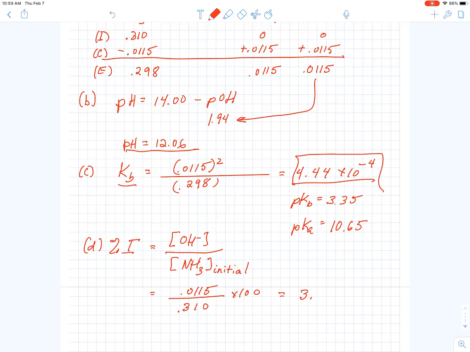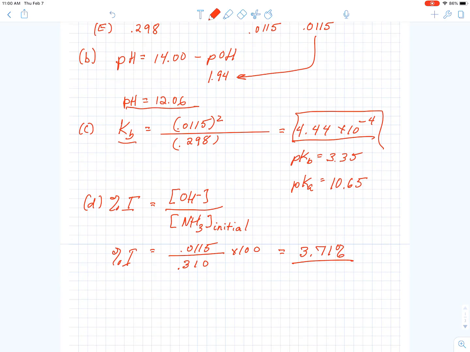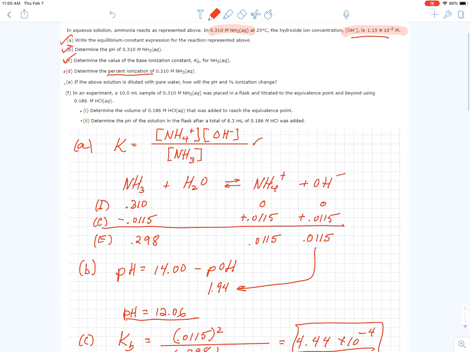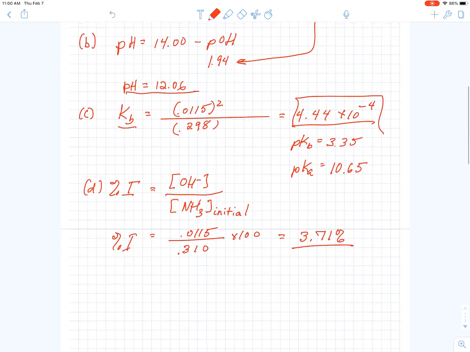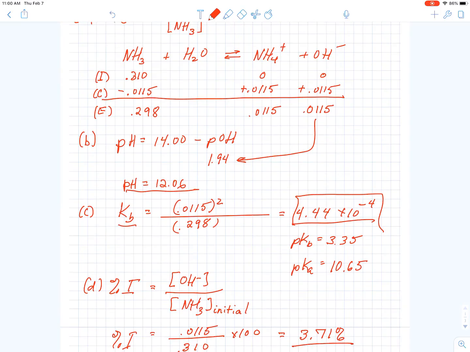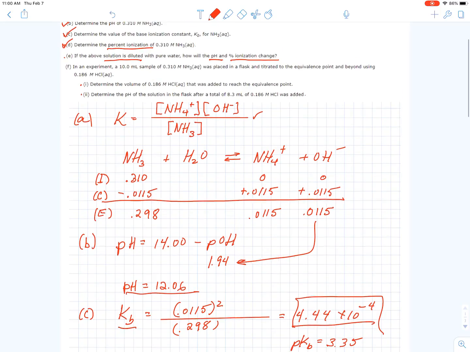The next part is something that you really should end up remembering. It's been asked a lot. On dilution, there's a greater chance for the molecular substance to find some water molecules that donate or accept protons. So whenever a weak acid is diluted, it ends up ionizing more and more. A greater percentage of it will. So always the percent ionization increases.